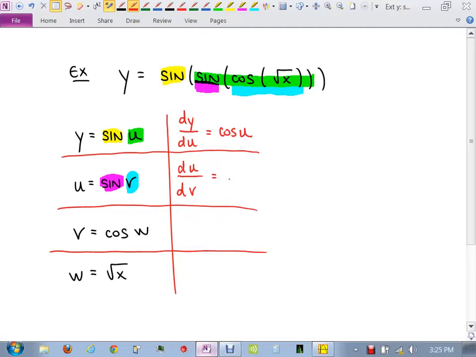Which is again cosine of what? V. The next one is dv dw, which is negative sine of w, and then dw dx, which is 1 over 2 root x.